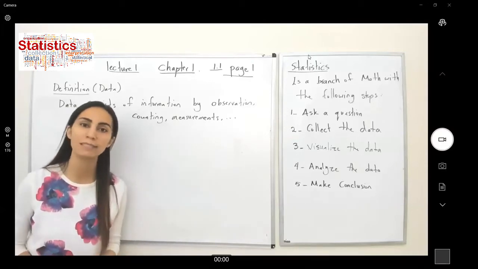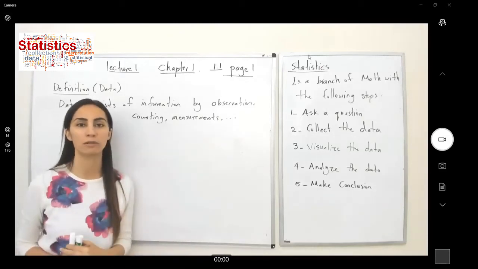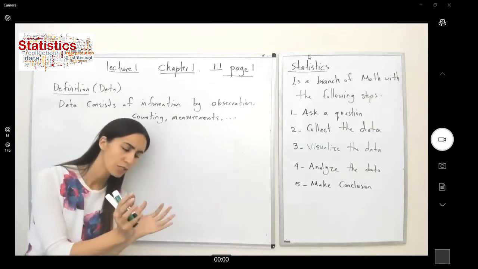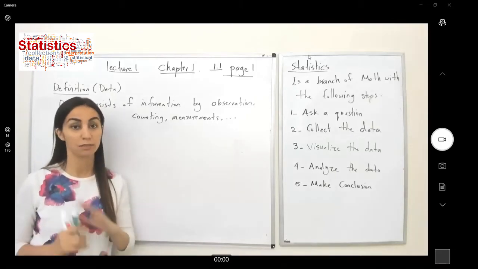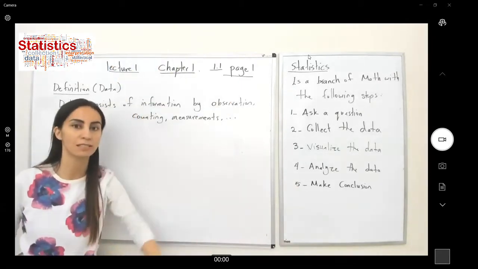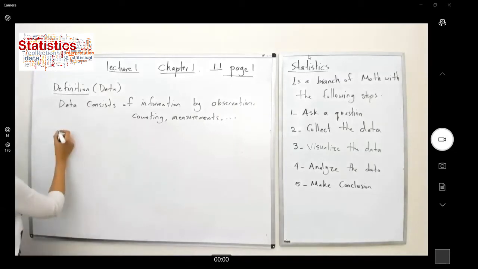So what do we do instead? We take random samples from that population and we just study those little samples. Then we make conclusions about the bigger set or population. Definition of population and sample.